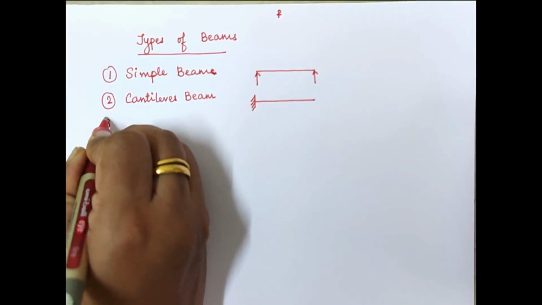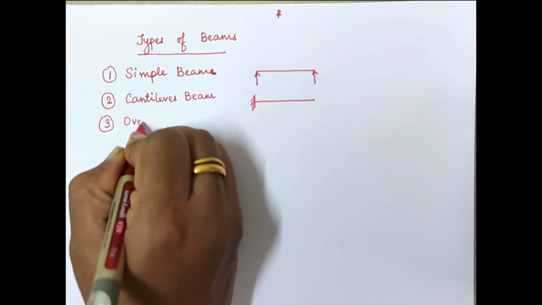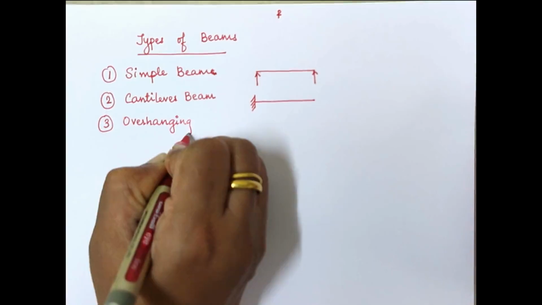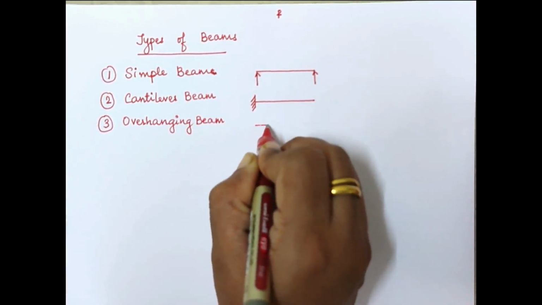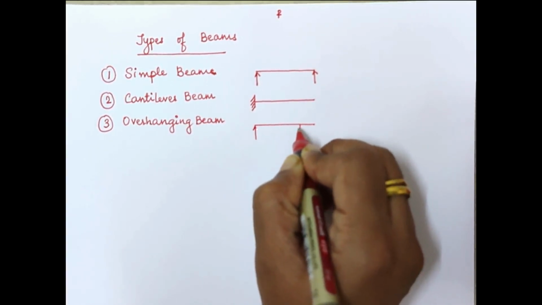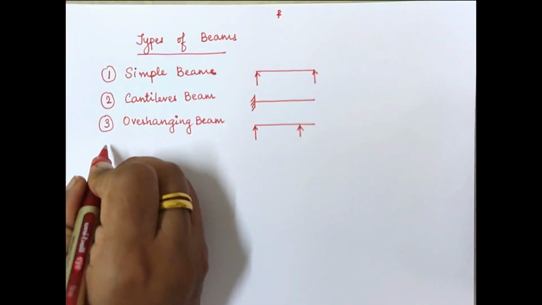The third that we can talk about is an overhanging beam. Now, an overhanging beam is when a beam extends beyond two supports. Then it is termed as an overhanging beam.